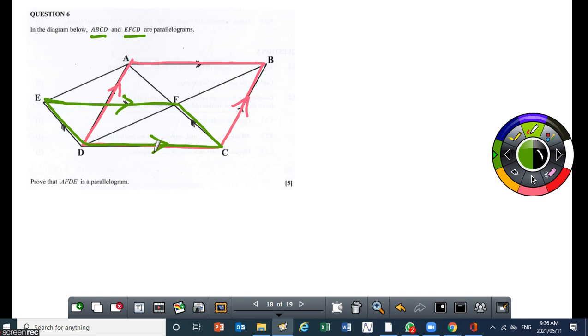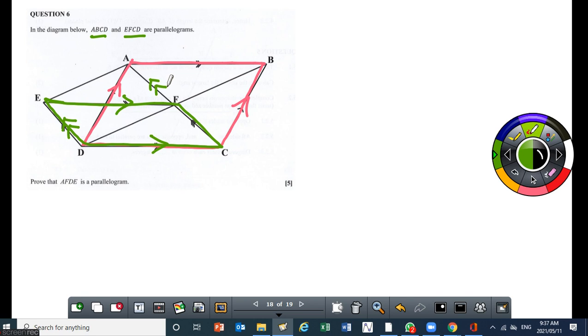Also, if you look at this diagram here, we know that ED is going to be parallel to AF because CF is parallel to ED. Therefore, AF is also parallel to ED, which means already I've got one pair of opposite sides that are parallel.